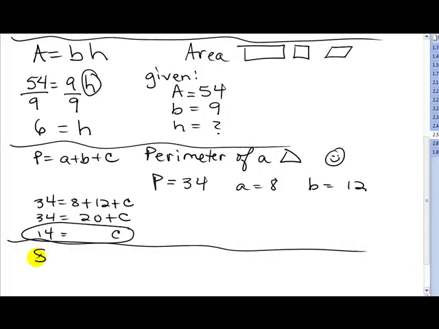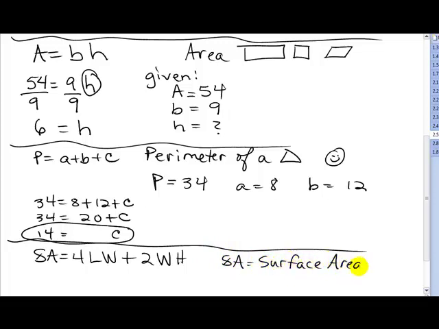Here I have SA equals 4 times L times W plus 2 times W times H. This is SA, surface area of a prism or box.